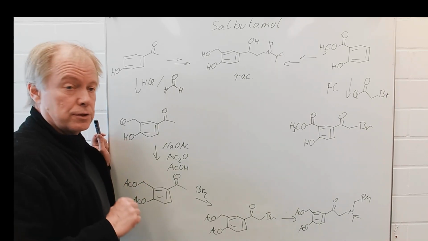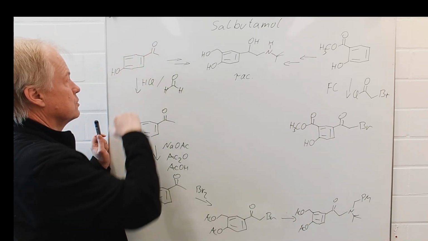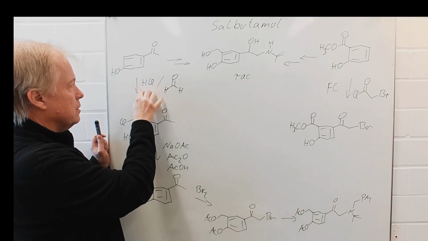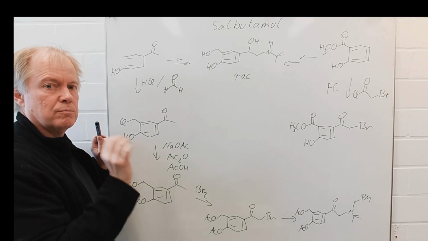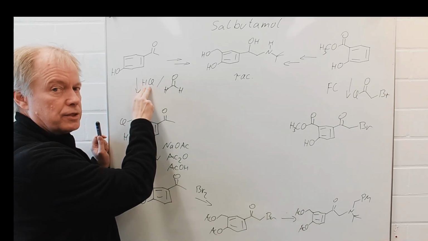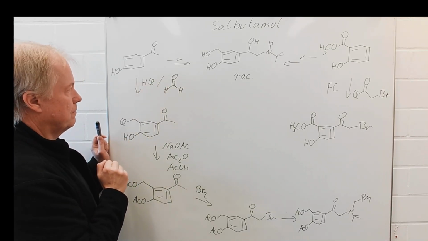So the alternative procedure starts from 4-hydroxyacetophenone. The first step is also a Friedel-Crafts reaction, but a Friedel-Crafts alkylation with HCl and formaldehyde.